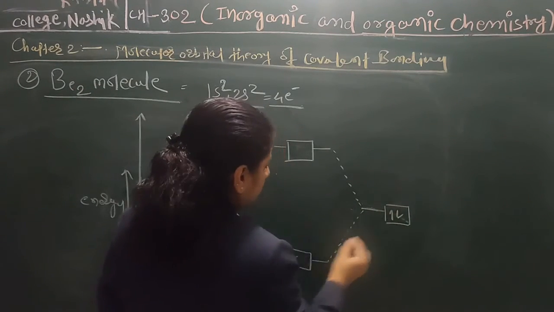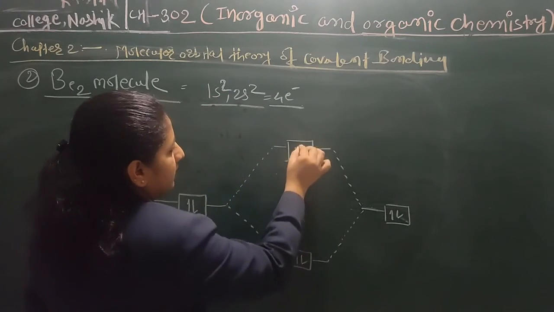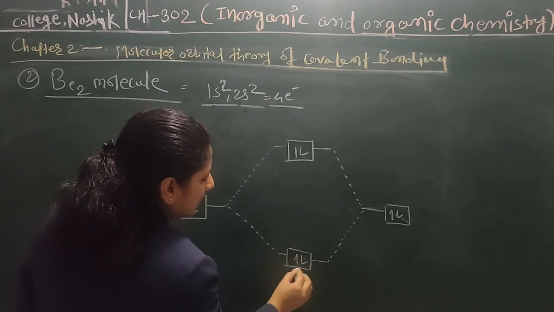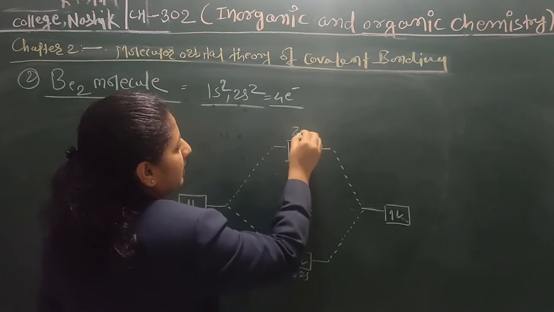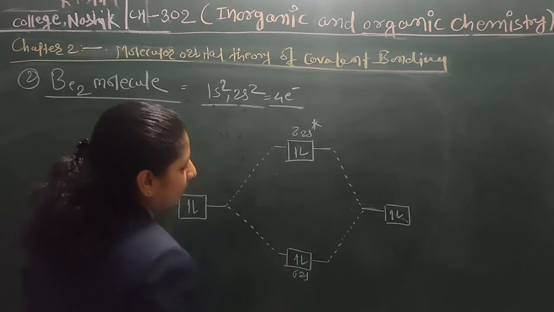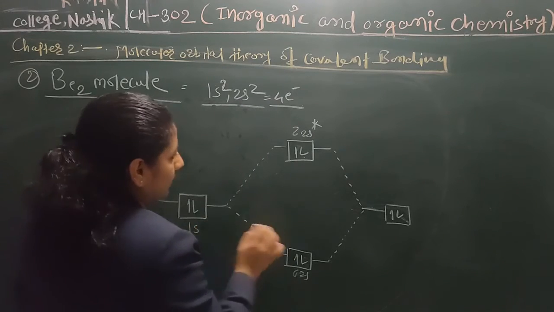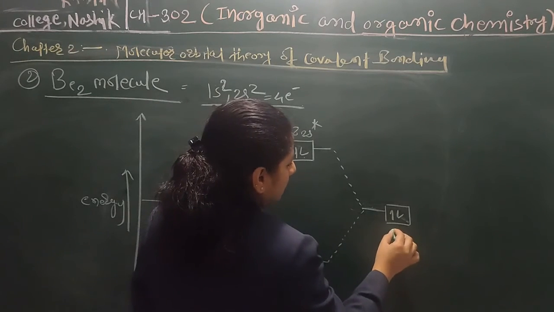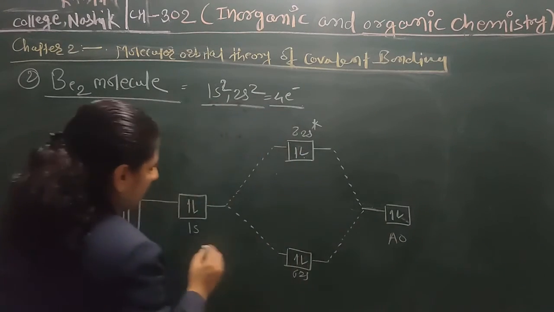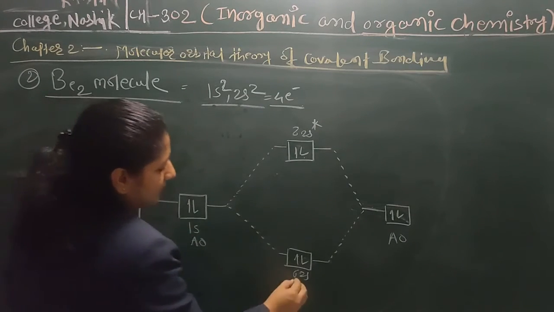That is 2 electrons here, 2 electrons here, and 2 electrons here. That is sigma 2s, that is sigma 2s antibonding molecular orbital, that is 1s orbital. Here also that is the 1s atomic orbital.